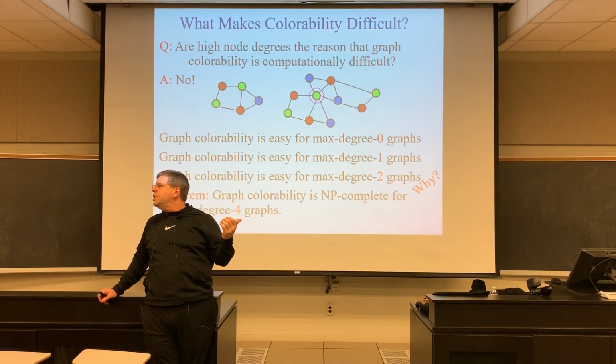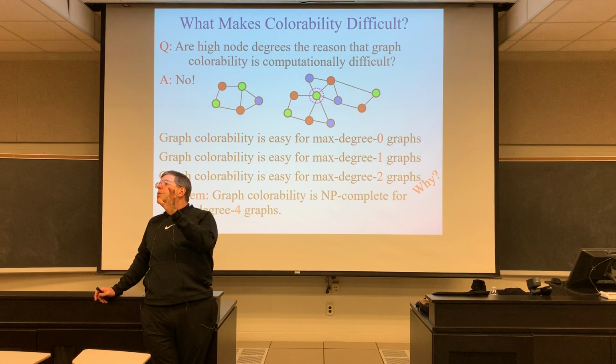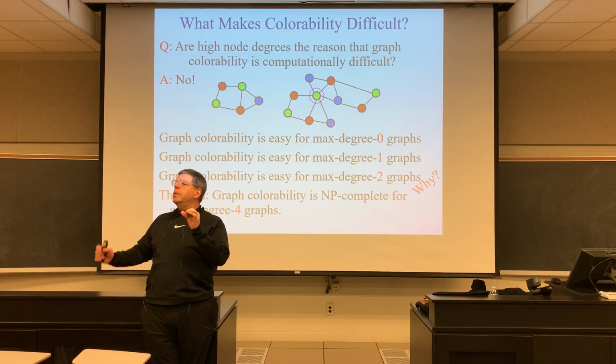What's their structure in general? We already said if the max degree is 0, it's just isolated nodes. If the max degree is at most 1, it's what? Isolated nodes or pairs of nodes. Could you have 3 nodes connected together and have max degree be 1? No. Because that'll make one of them degree 2.